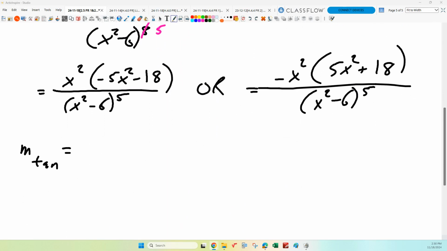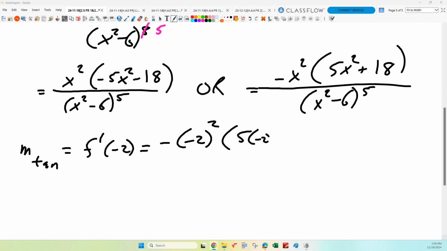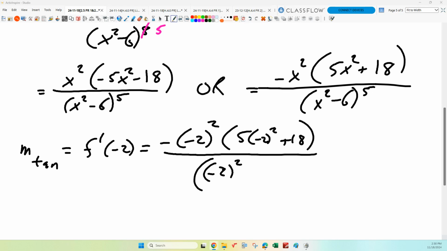So we get f prime of -2 is going to give us the quantity -2 squared times 5 times -2 squared plus 18 over -2 squared minus 6 to the 5th. So what's that give us? 4 times 38. Everybody agree? 4 times 38, so what is that? 76, so 152.